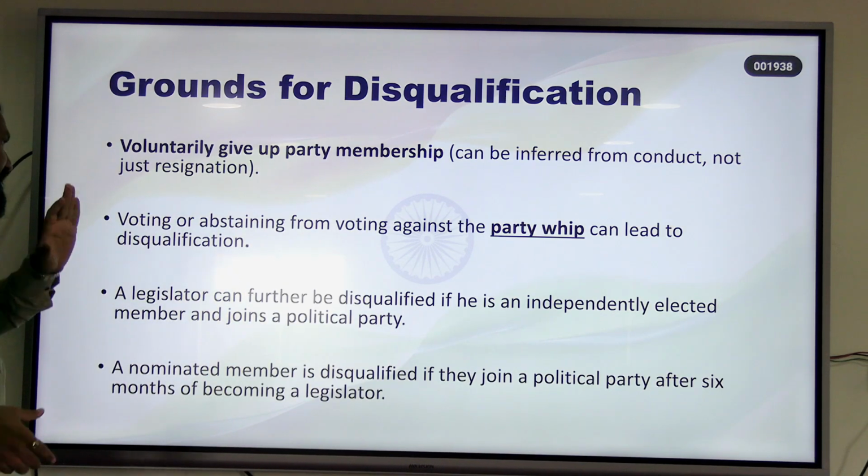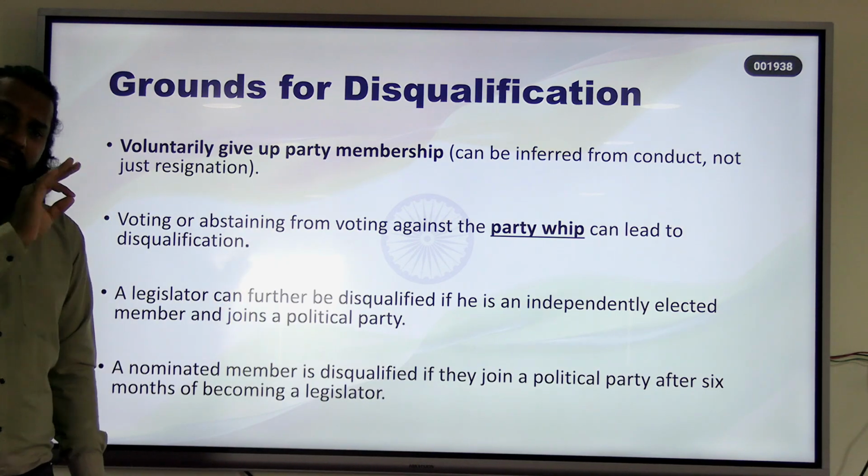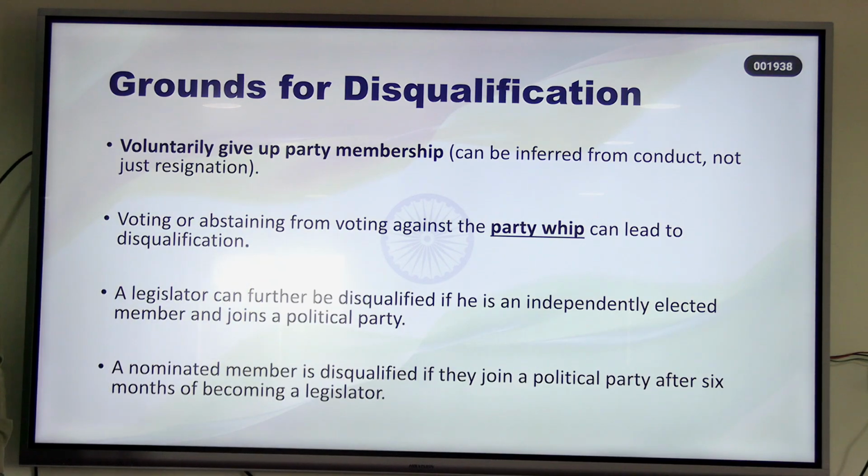Any independent candidate, after winning the election, joining any political party will be disqualified under the anti-defection law. Got it?